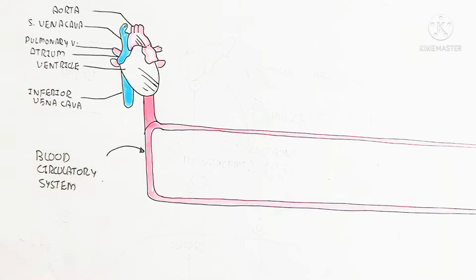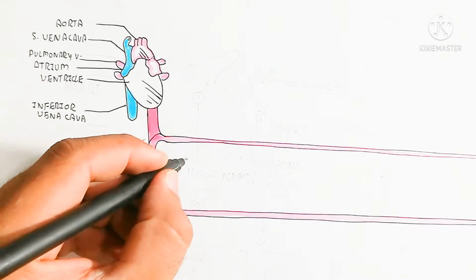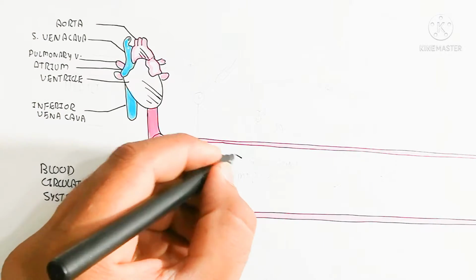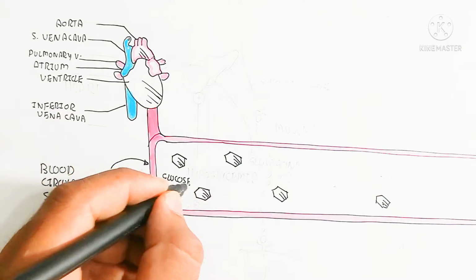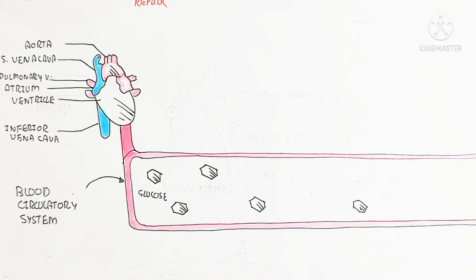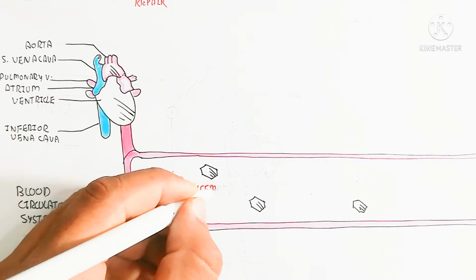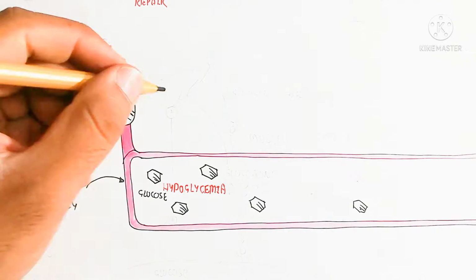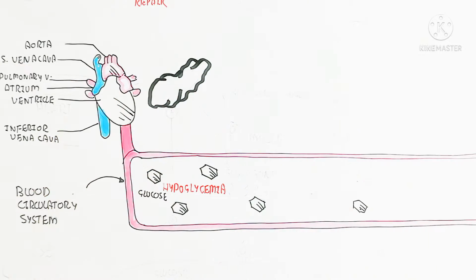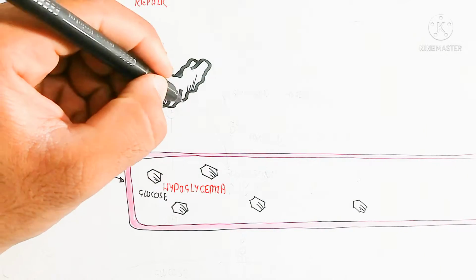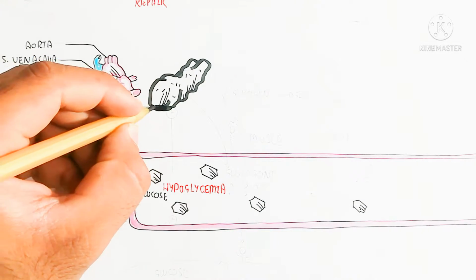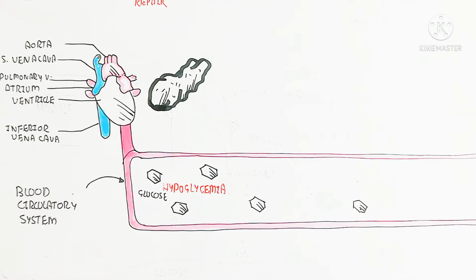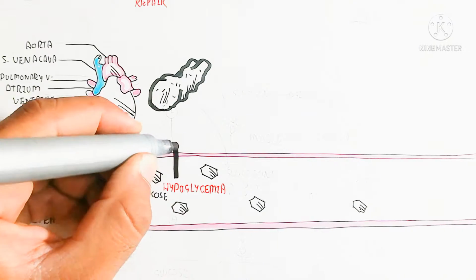This is the blood circulatory system, in which during fasting hypoglycemia occurs, meaning the glucose is down regulated. This gives positive feedback to the pancreas to inhibit insulin while increasing glucagon, and after the increase of glucagon catabolism will begin.